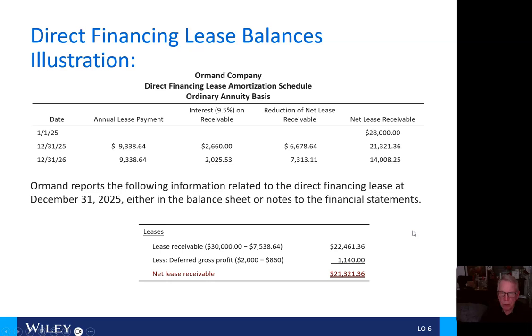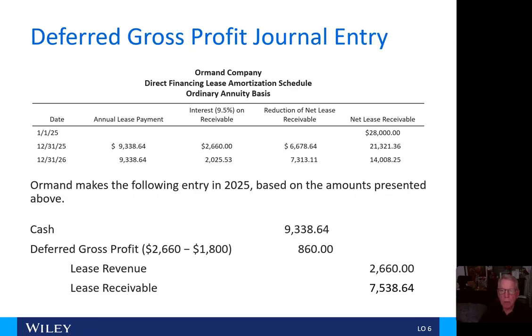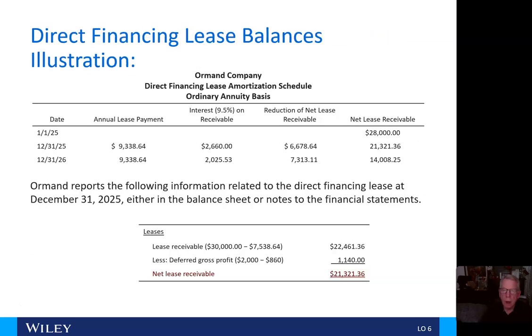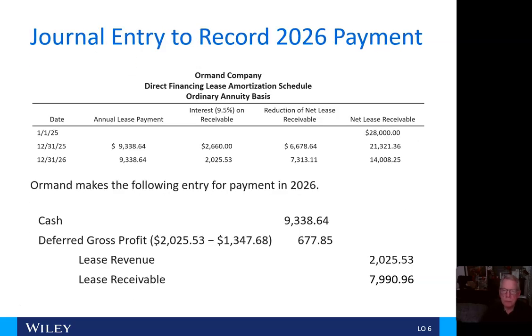Give you a chance to absorb that for a second, and I'll go back one more slide here. Now Armand is going to make the following entry for 2026.